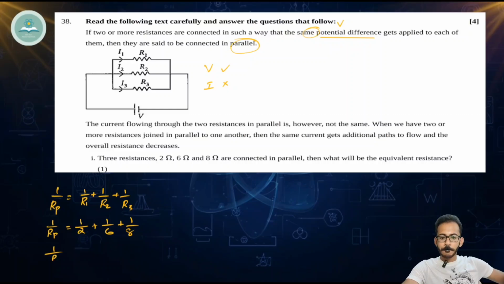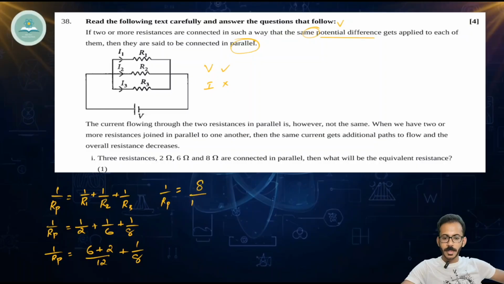So now 1/Rp is equal to, either we can cross multiply or make a common denominator, then we'll be able to get the answer. Anyway, I'll cross multiply. 1 times 6 is 6, plus 1 times 2 is 2, over 2 times 6 is 12. So 8/12 plus 1/8. 2 fours are 8, 2 sixes are 12, 2 twos are 4, 2 threes are 6, so I can write it as 2/3 plus 1/8.